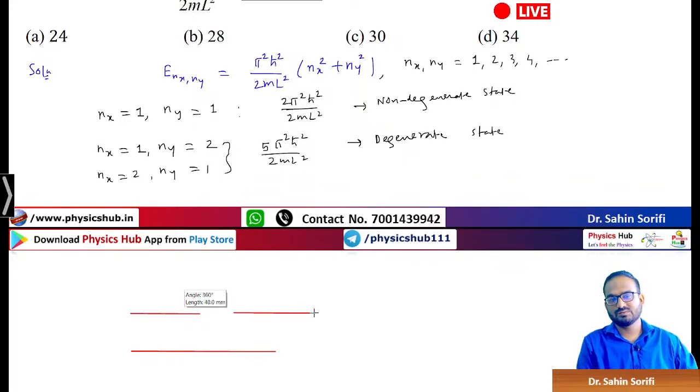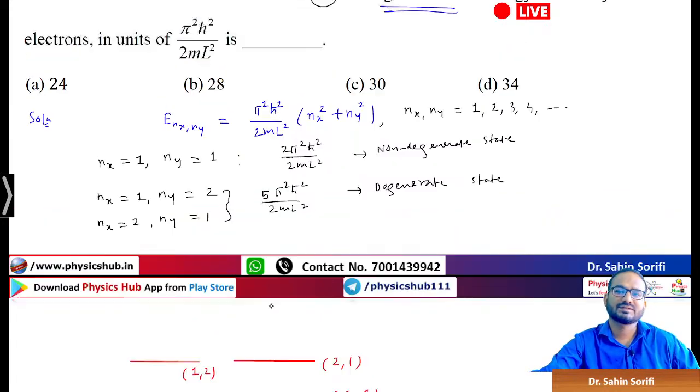So both of them are different, they are unique. You can imagine it this way, I am just writing nx ny: 1 1, this is 1 2, this is 2 1.